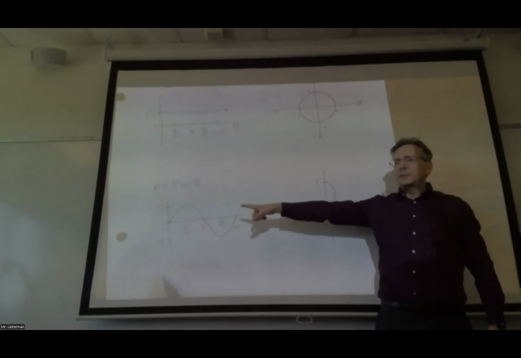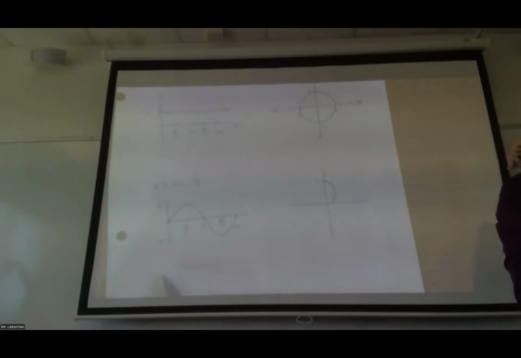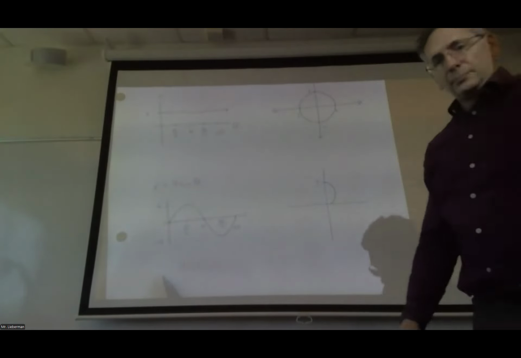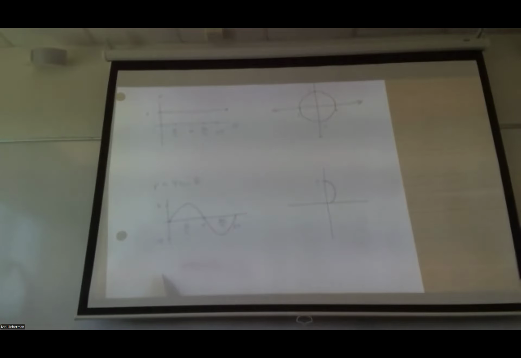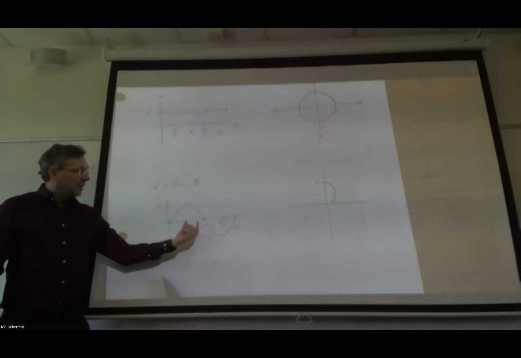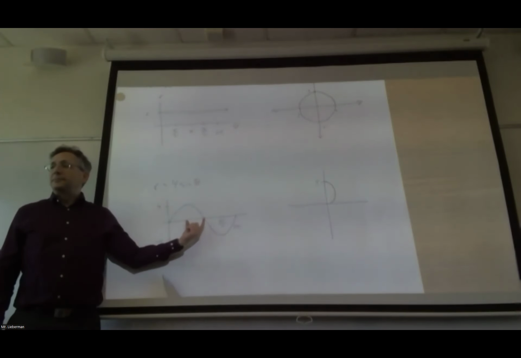Let's see if you can do pi over 2 to pi. So the next quadrant, pi over 2 to pi, what happens with the radii? 4 to 0.